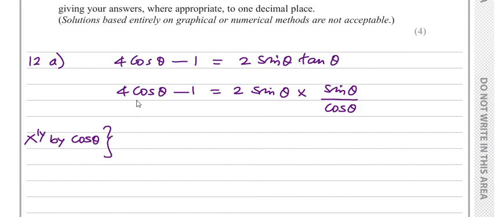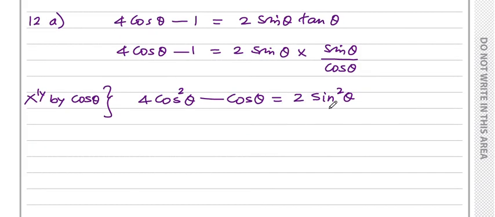Okay, what happens here is 4 cos square theta minus cos theta is equal to, this cos theta will disappear when you multiply by cos theta, leaving 2 sin square theta in the numerator, okay, which can be written as 2 times 1 minus cos square theta. So we can write this as 4 cos square theta minus cos theta is equal to 2 bracket 1 minus cos square theta.